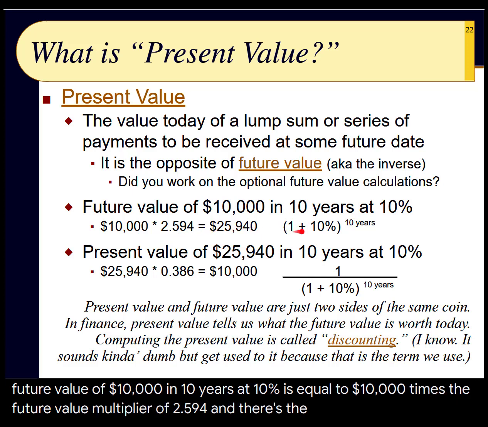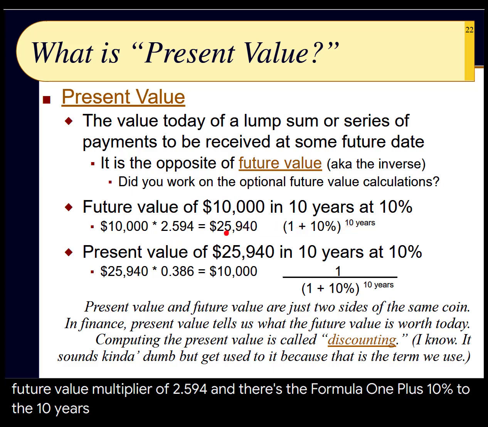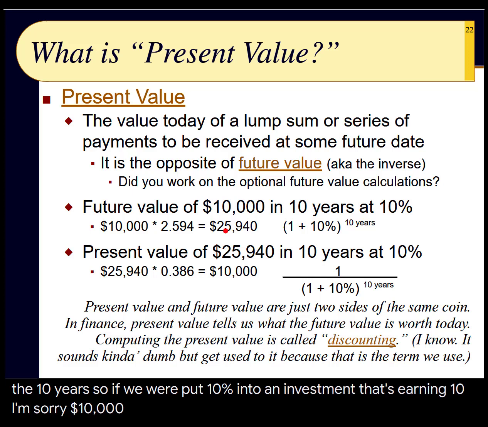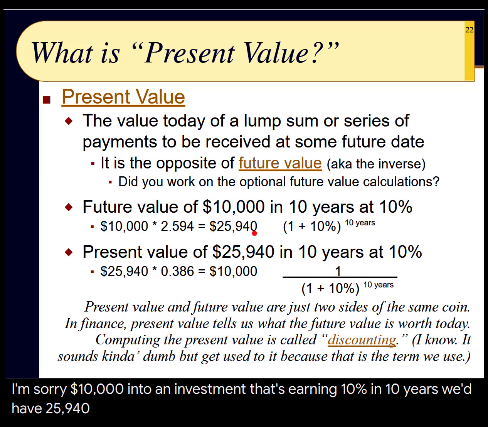And there's the formula, 1 plus 10% to the 10 years. So if we were to put $10,000 into an investment that's earning 10%, in 10 years, we'd have $25,940.